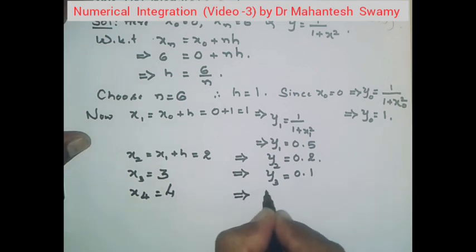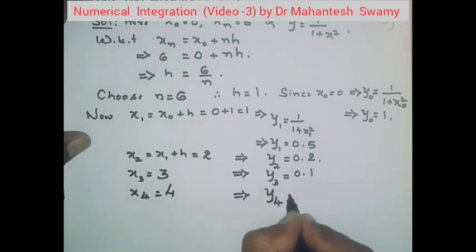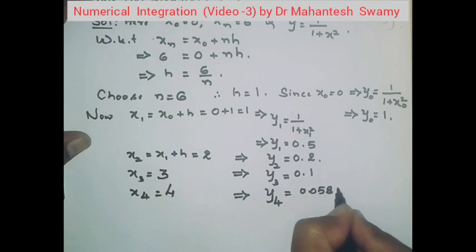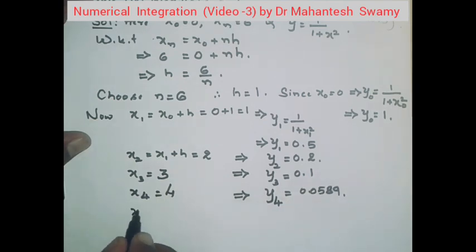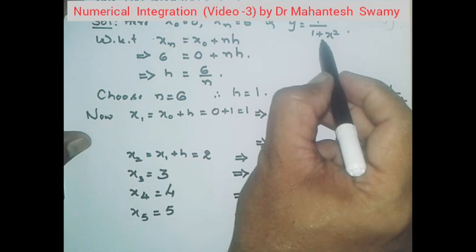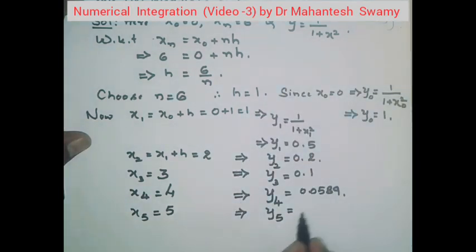That implies the value of y at x4, y4, is 0.0589. x5 is x4 plus h, that is 4 plus 1, 5. That implies y5 equals 1 divided by 1 plus x5 square according to this definition. So x5 is 5, 5 square is 25, 25 plus 1 is 26 in the denominator, and 1 by 26 is 0.0385 after simplification.